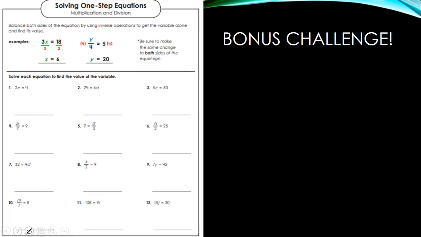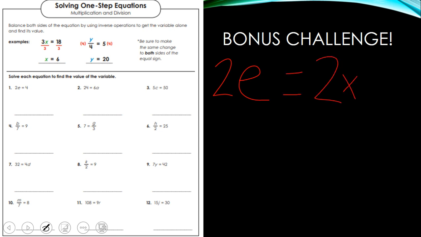So for your bonus challenge, this is with multiplication and division. Now, like I said, this is a bit trickier. So for the first one, if you have 2e, this is the same as 2 times a number equals 4, okay? So when the letters are attached to the numbers, that means multiply.